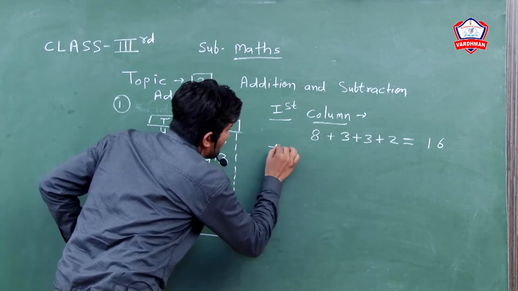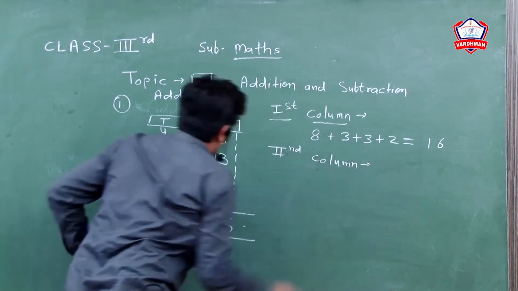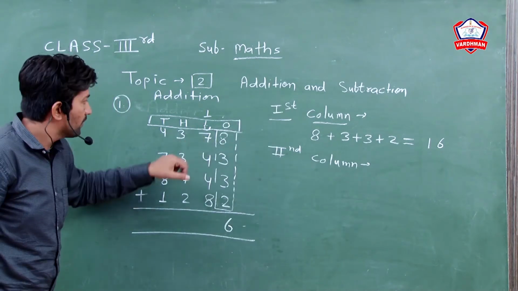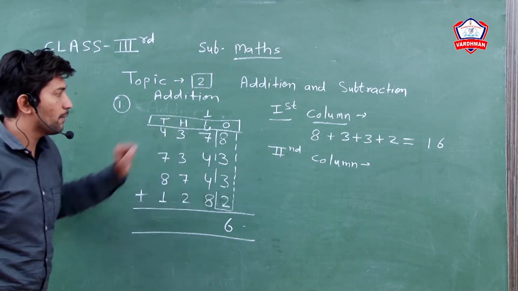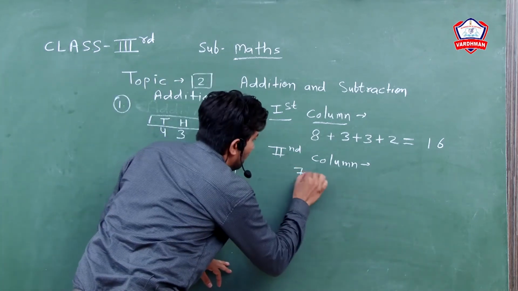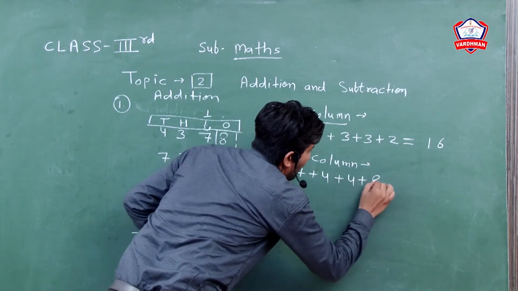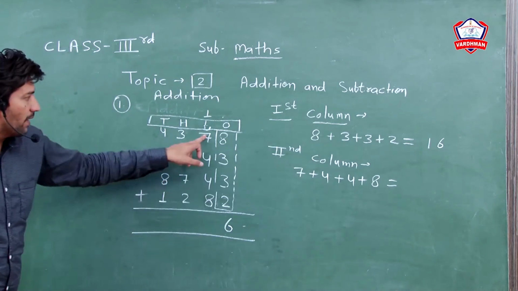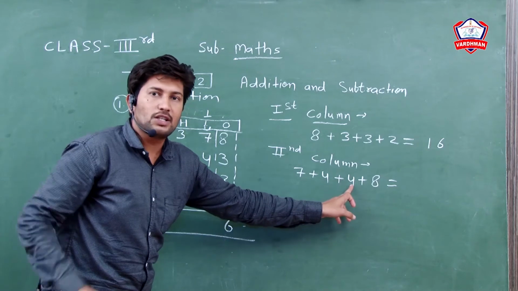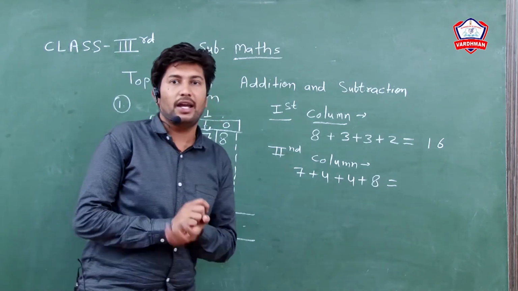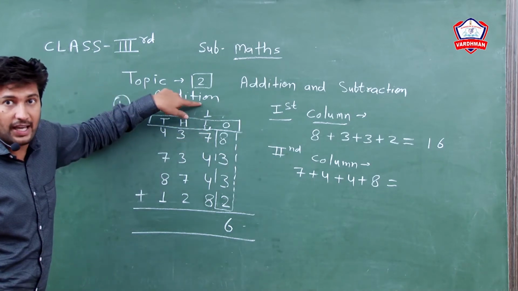Now we have the second column, which is the 10th column. It has 7, 4, 4 and 8, and 1 is carried. Now 7 add by 4, add by 4, add by 8. 7 add by 4 is 11. 11 add by 4 is 15, and 15 add by 8 is 23, and we also have a carry.